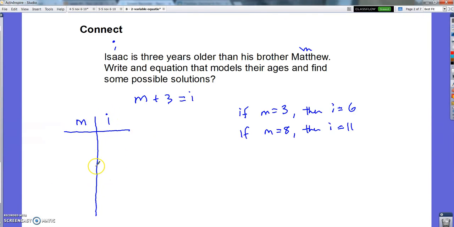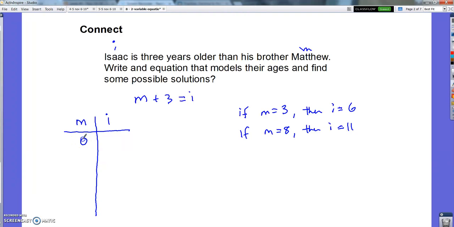The only difference with a table, other than missing the words, is I go in a more systematic order. Rather than randomly picking ages for Matthew, I'll probably just start from, say, 1, or even from 0.